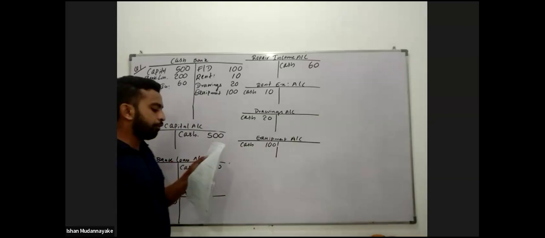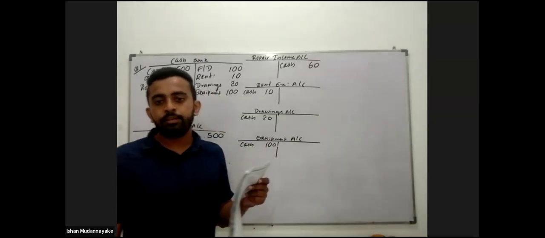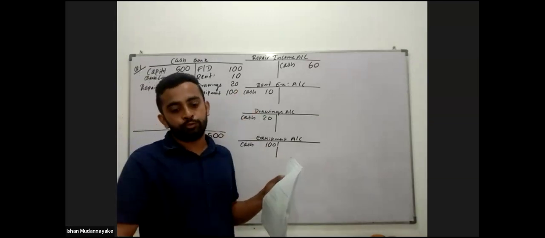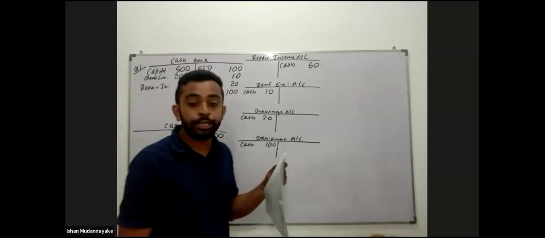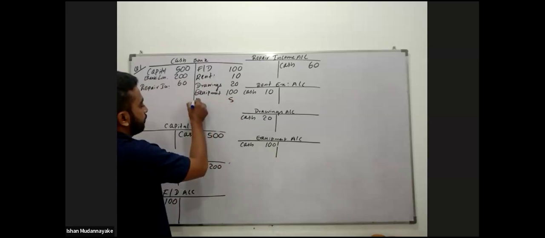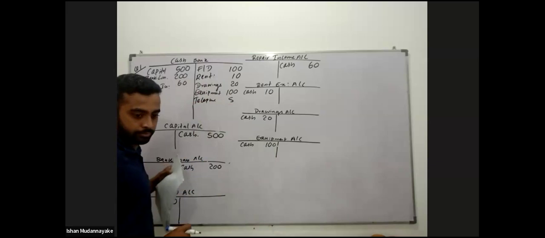Right. Look at the next transaction. Paid 5,000 for the telephone bill of the month. Cash inflow or outflow? Cash outflow. So cash book credit 5,000 telephone.